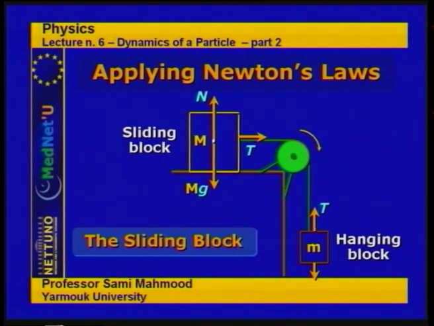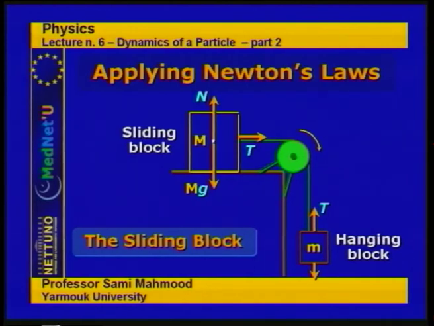One of them we call the sliding block, which is a block having a mass capital M resting on a horizontal surface, and we have a second block of mass small m, which is hanging. These two blocks are attached to two ends of a cord, and the cord is going around a pulley. The pulley is assumed to be massless and frictionless.